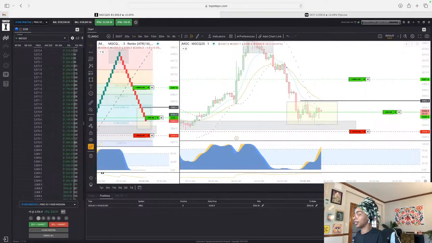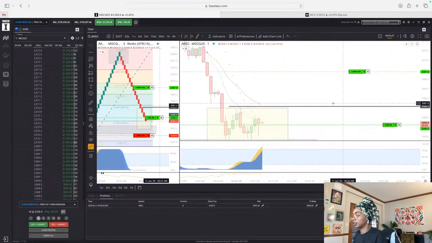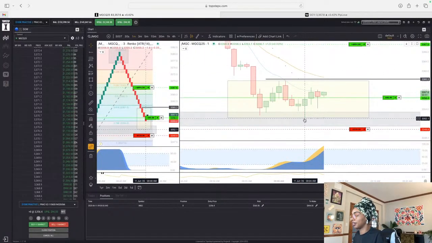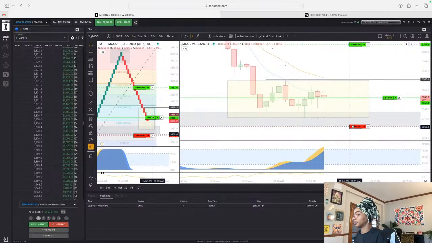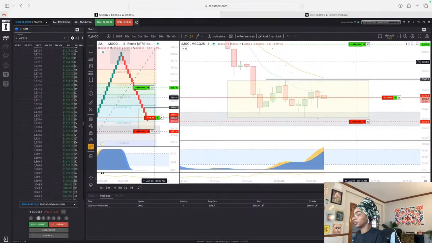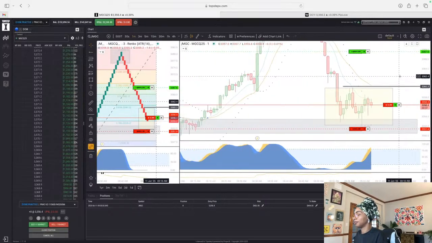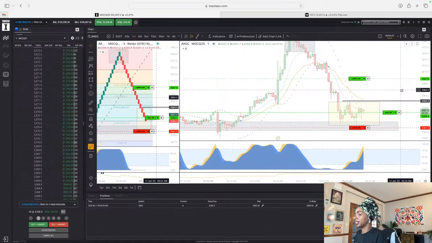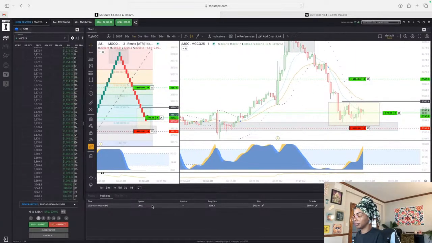If price breaks below this wick here at 33.52, I don't need to wait for price to get down to 33.49, so I can risk even less there.